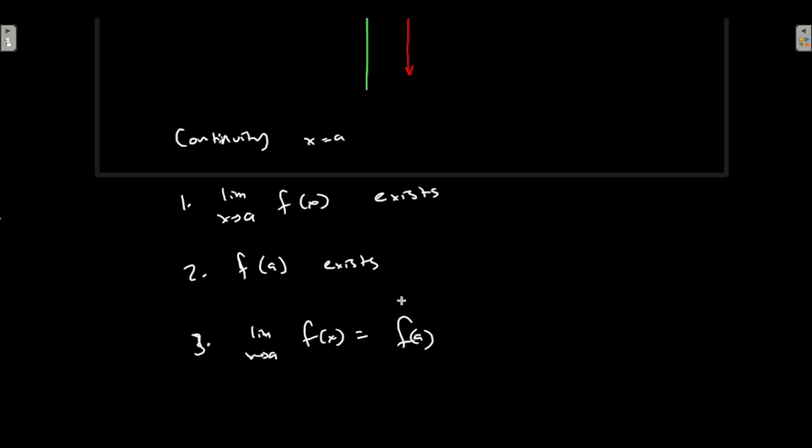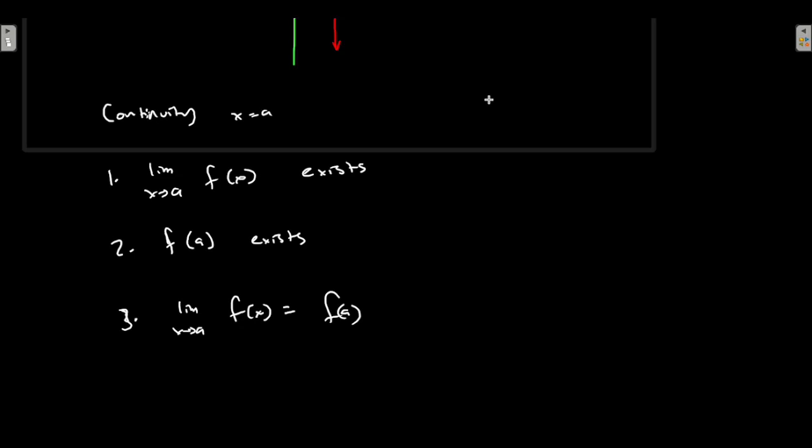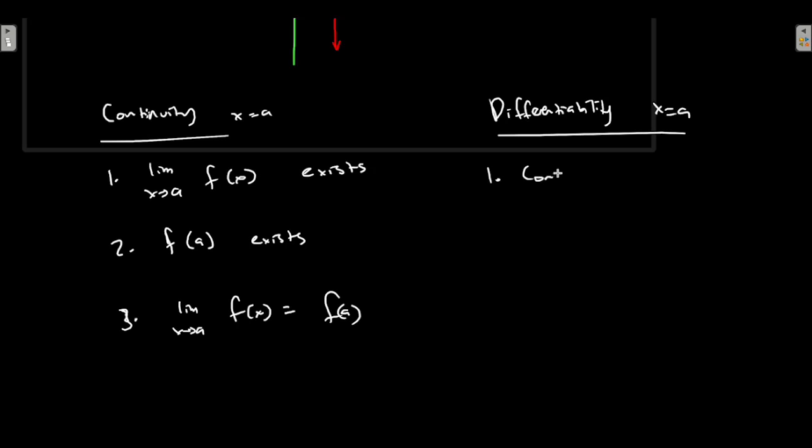So now differentiability is kind of similar. Differentiability at x equals a. This is basically step 1, see if it's continuous at x equals a. Step 2 is to see if the limit as x approaches a in the derivative function exists.